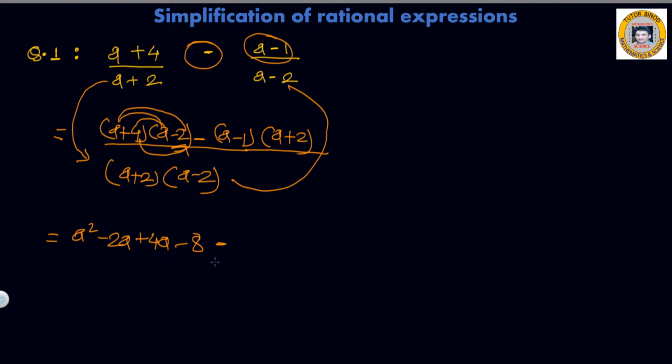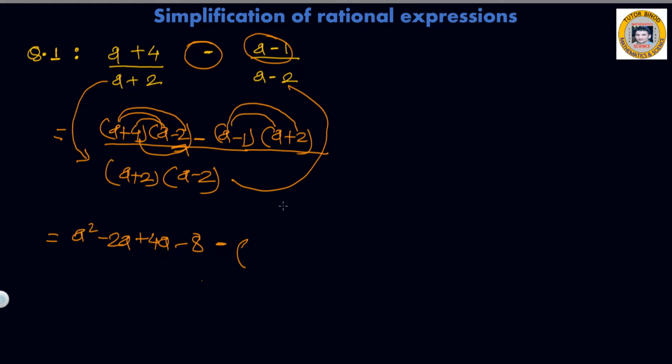Similarly, can you please try to do this part? Did you get it? Now let us do it together. So this is a square plus 2a. Since we are dealing with a negative sign, we must put the bracket, otherwise you would get the wrong answer.